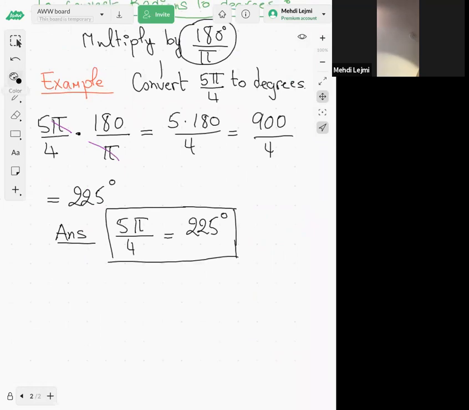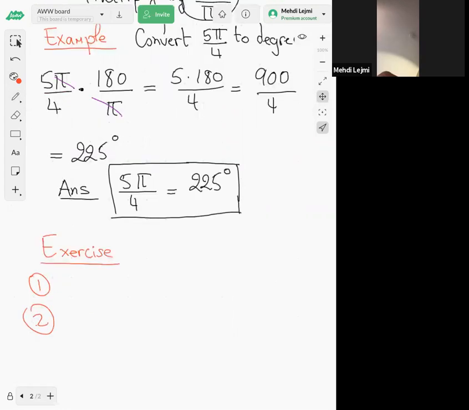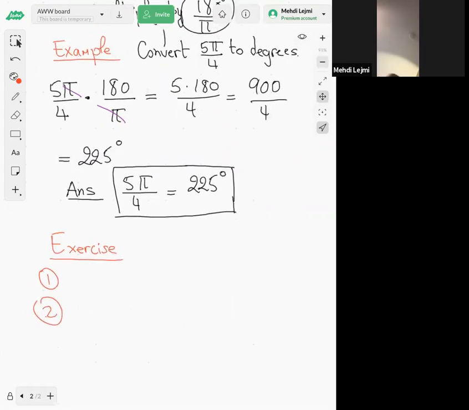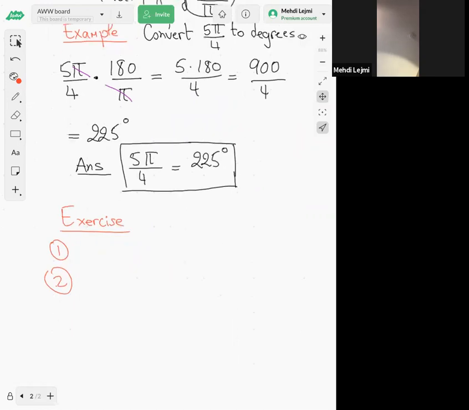So here's a very small exercise. Please try to convert, I'm just going to zoom out. Let's start with the degrees: convert 210 degrees to radians.